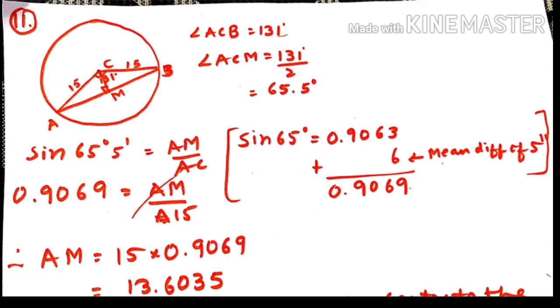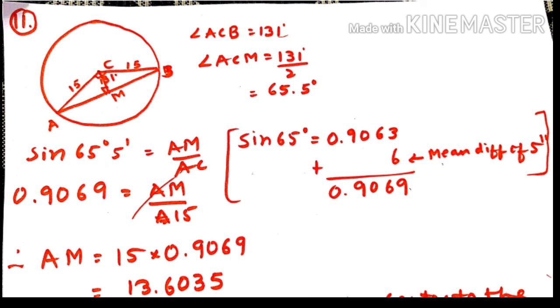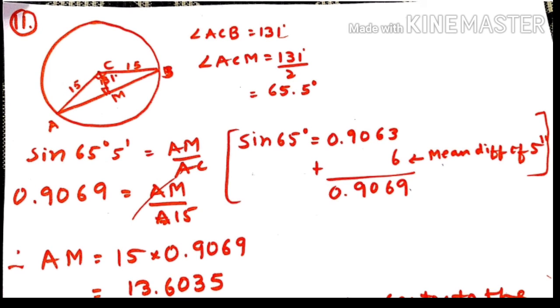Now angle ACB is equal to 131 degrees, but if I take a perpendicular from C on chord AB, that is CM perpendicular to AB, then angle ACM and angle BCM are divided equally.